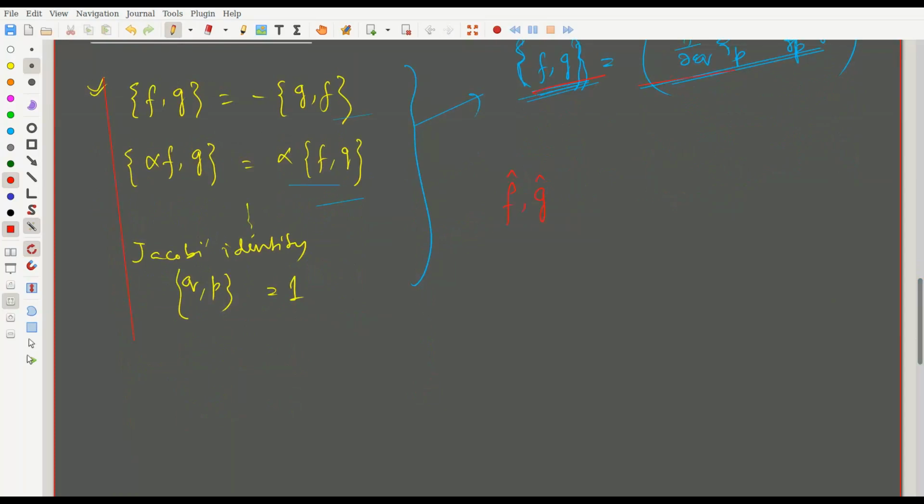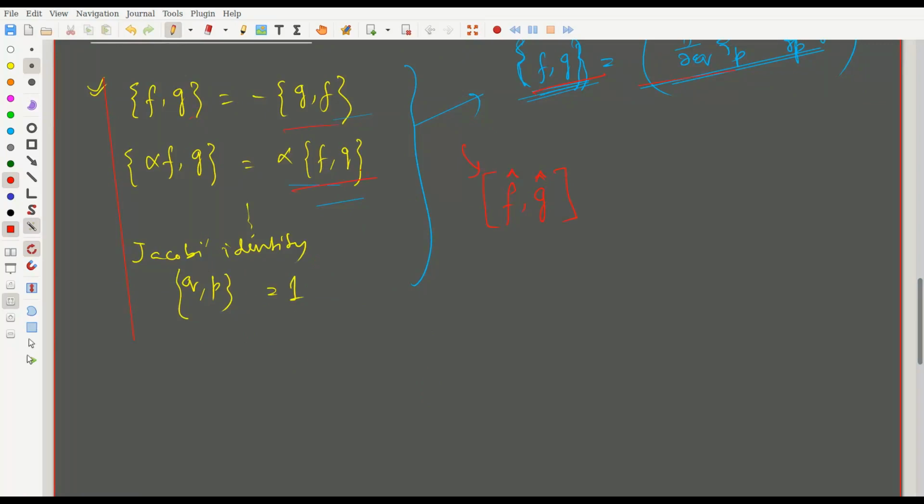This hat means that I am elevating the status of F and G to operators. Since these properties are shared by the commutator of the operators, I can call the interpretation of this bracket my commutator of F and G, because commutators also satisfy these properties.